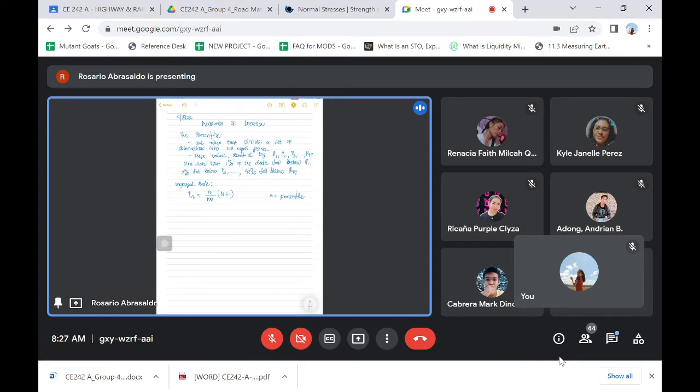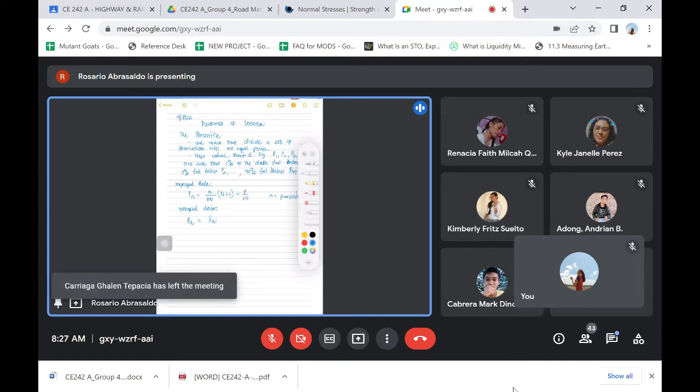So another for the grouped data, the formula is P sub n is simply equal to L sub P or L sub n, sorry. It can also be P over 100 times (n plus 1), N or P for percentile.